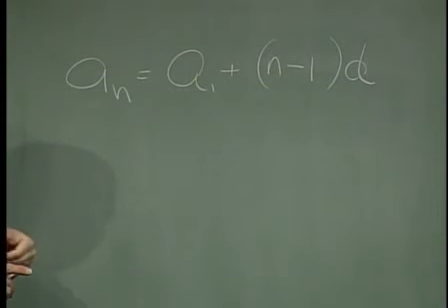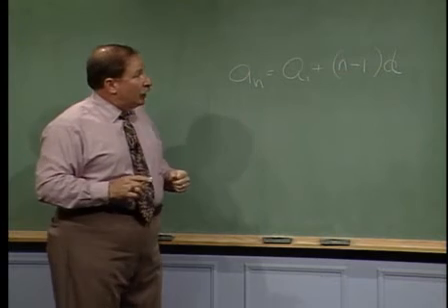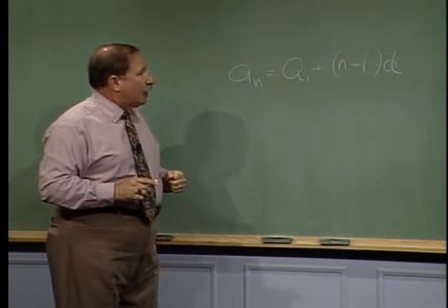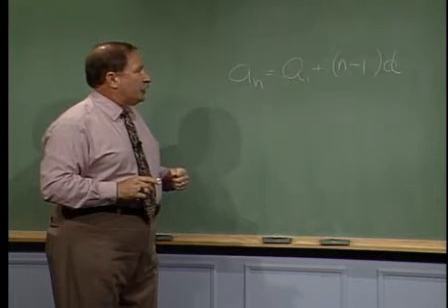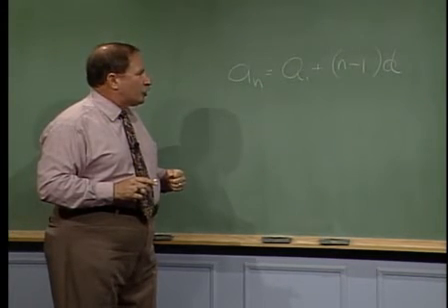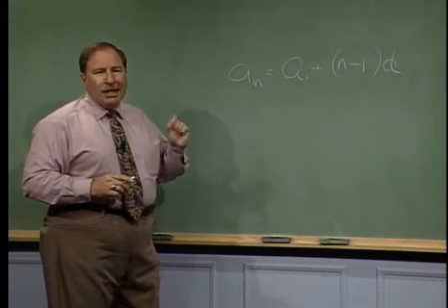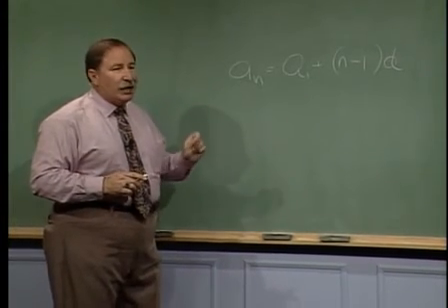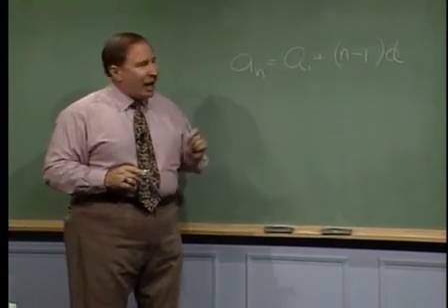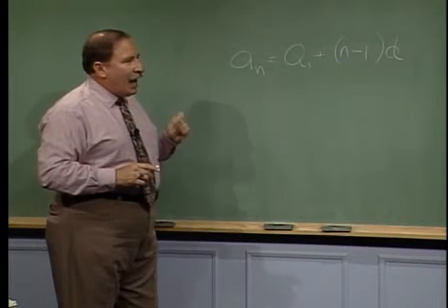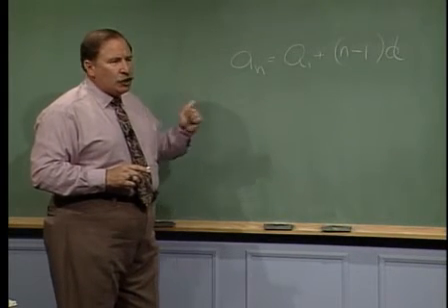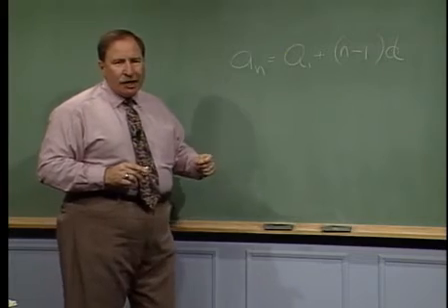So in other words, a practical use of this: let's assume that you had a salary structure where every 6 months hourly employees received the same increase. Let's say they received a dime an hour, 10 cents an hour increase every 6 months. How much money would someone be making per hour after, let's say, 4 years?